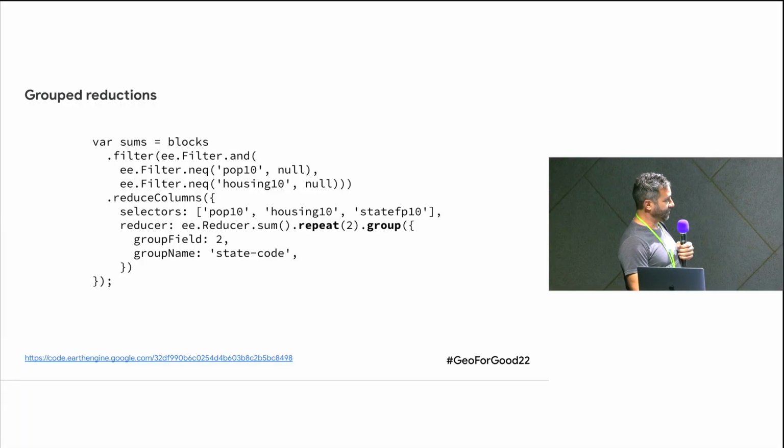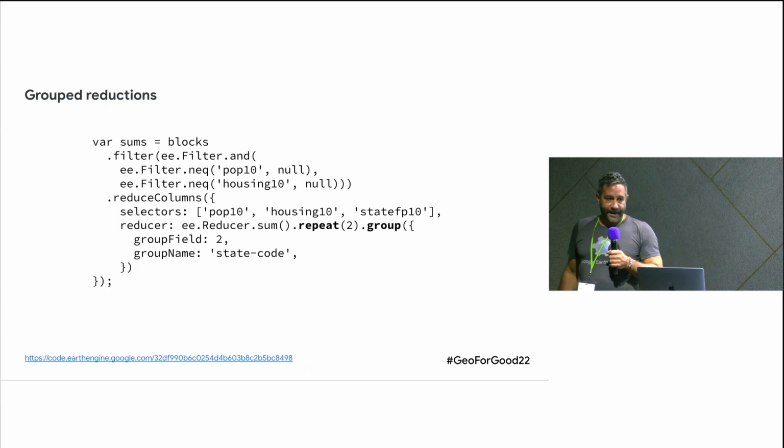So the inputs here are these 3 things, and you're repeating the reducer for the first two, and then you're grouping on the input indexed by 2. This is 0, this is 1, this is 2. So what's happening here is you're getting a sum reducer for the pop10 input, for the housing10 input, and then you are grouping it by state. And so that's how you do a grouped reduction on a table.